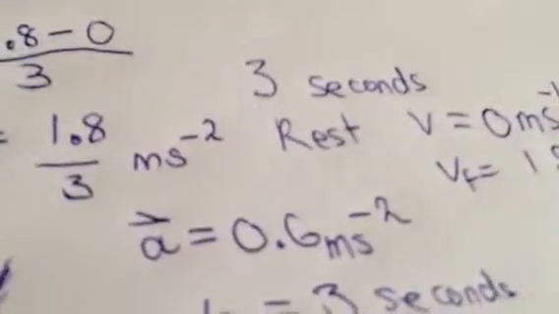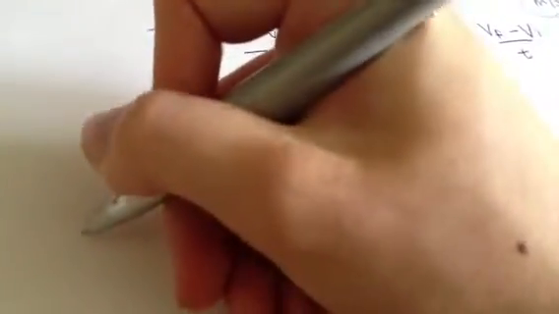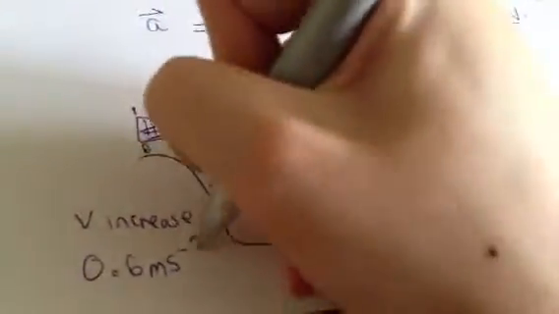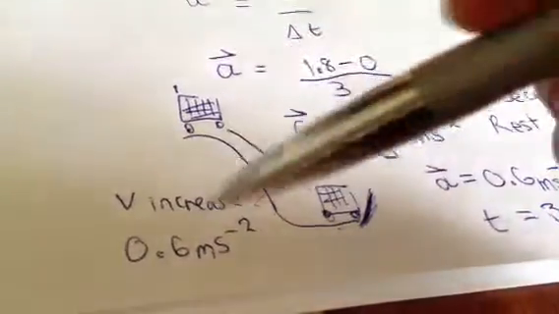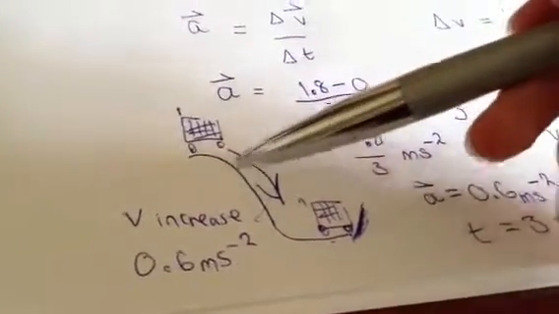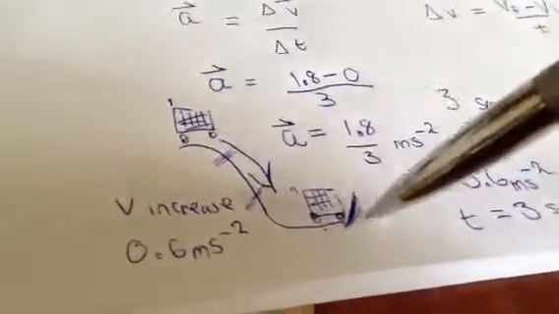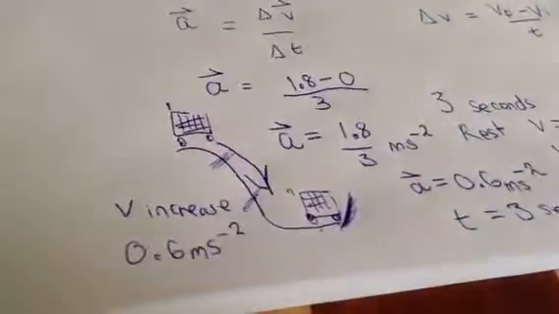And then we're able to come to the final acceleration, meaning that the trolley gets faster. The velocity increases by 0.6 meters per second every second. And essentially, this is not how fast the trolley's going every second, but the trolley will get faster, faster, faster to be able to cover this scope.